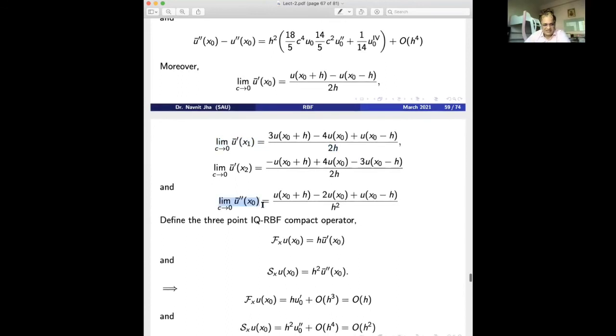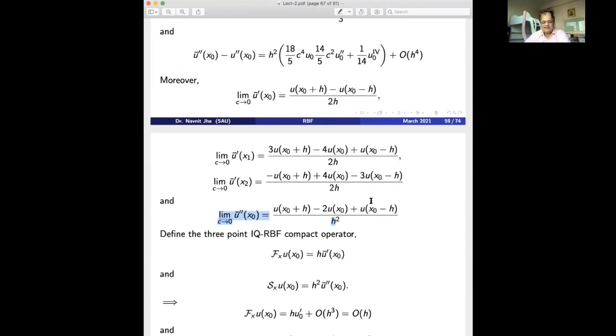This is at x2, and this is the discretization of u double derivative. If c goes to 0, this is nothing but the second central difference operator in the numerator. But this is all happening in the limiting case. So in the limiting case, the previous Gauss and inverse quadratic are basically the same, and not only the same, it is the same as the usual classical compact discretization.